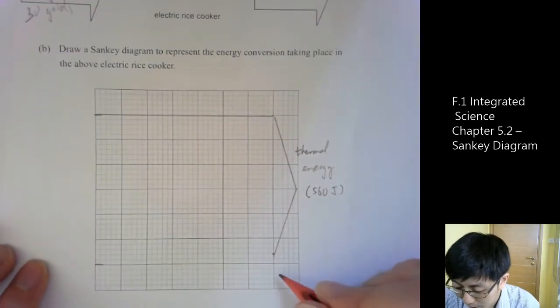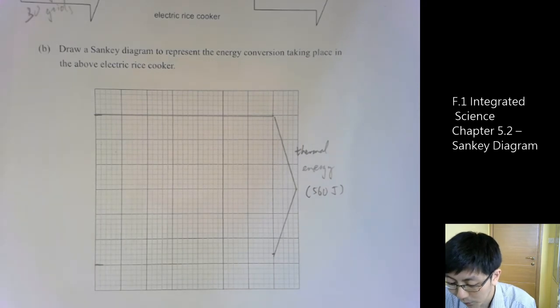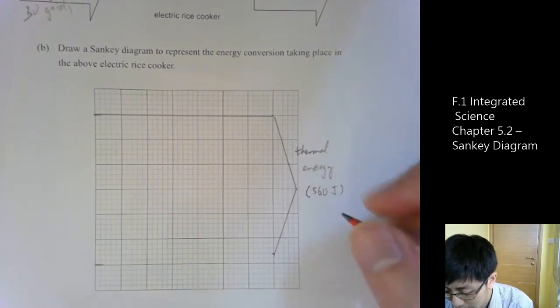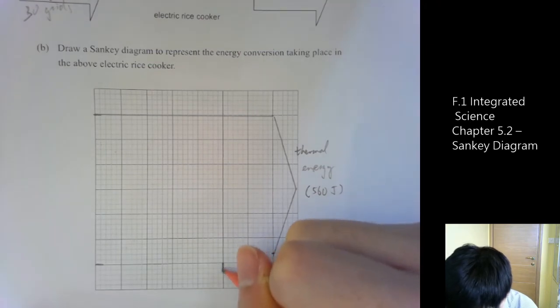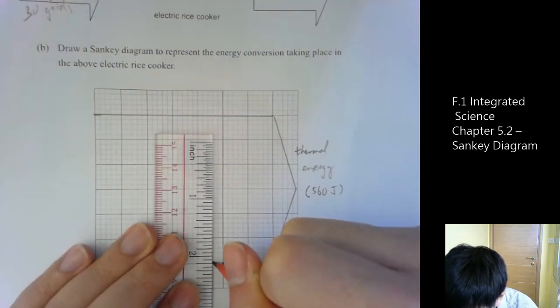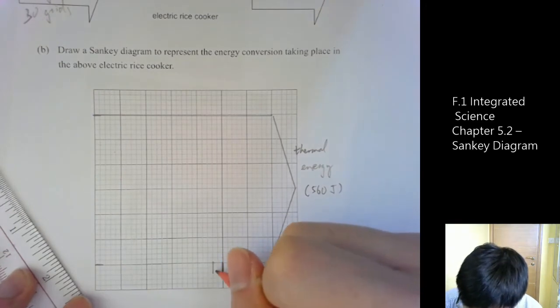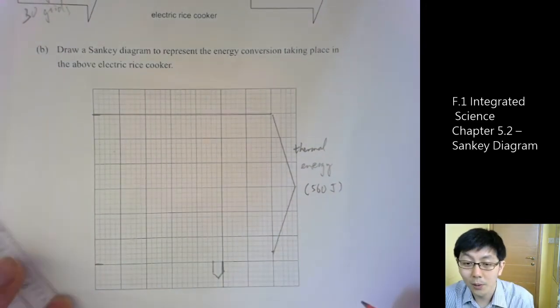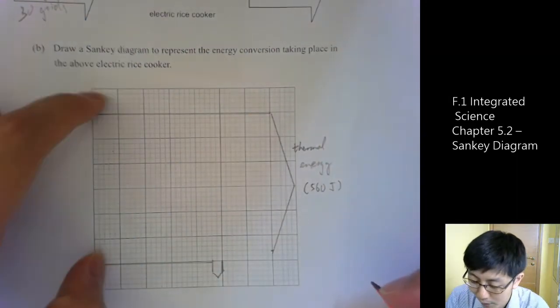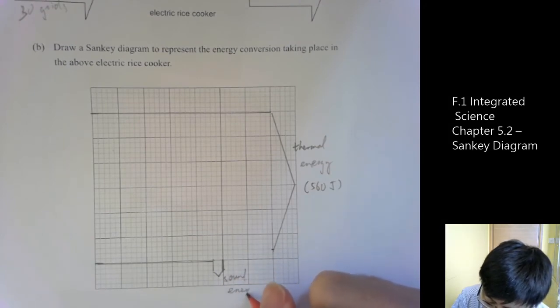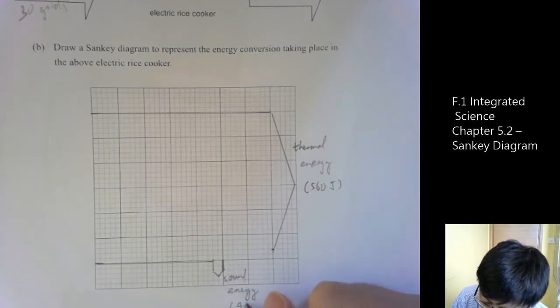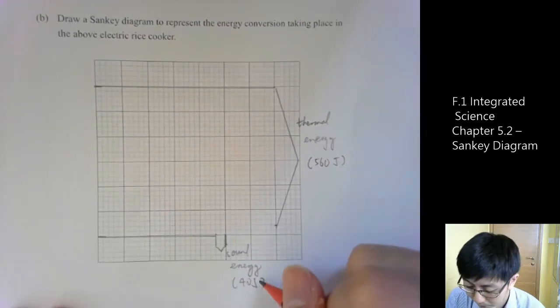After the calculation, that means 2 grids come out, so I just draw it here. 2 grids. Put an arrow here. This one will be connecting the bottom part of the Sankey diagram of the input energy. This will be the sound energy, 40 joule.